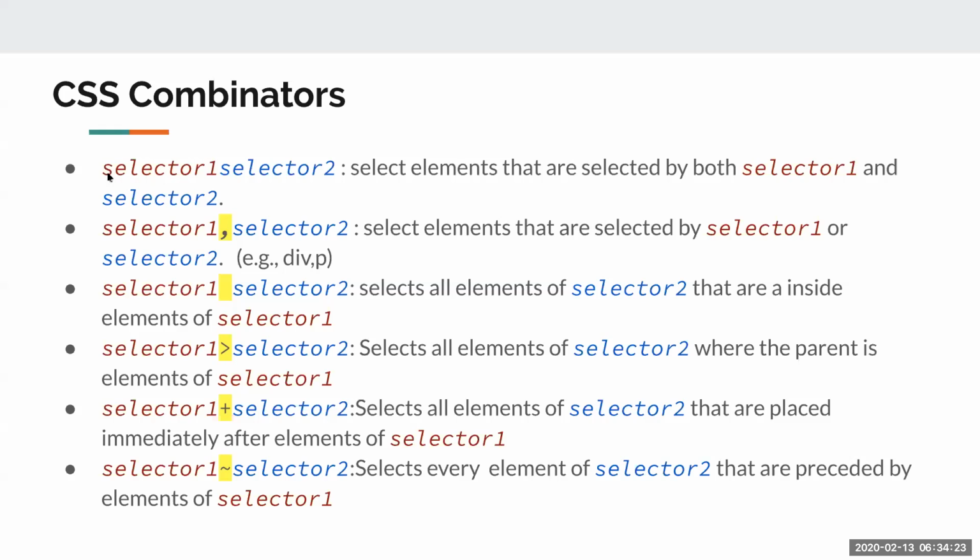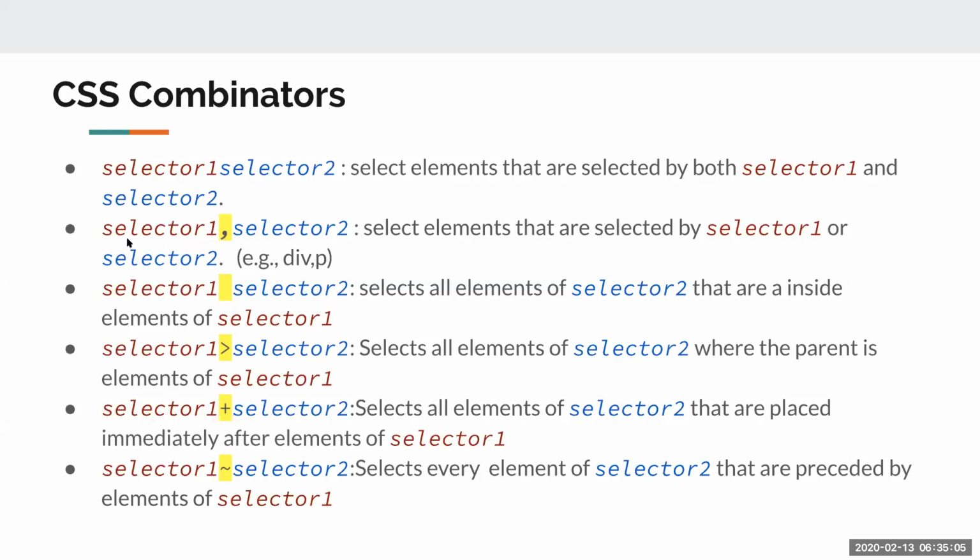Here, when you have two selectors and you just put them right next to each other without even a blank, it means select elements that are selected by both selector 1 and selector 2. So it's kind of like an intersection. If you have elements that have both of them, you can specify CSS rules for those particular elements.